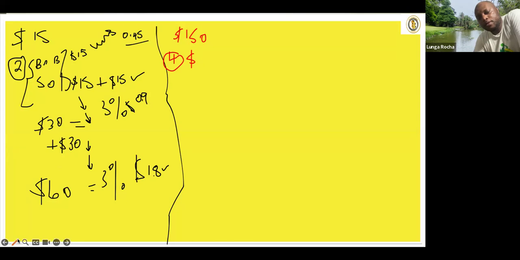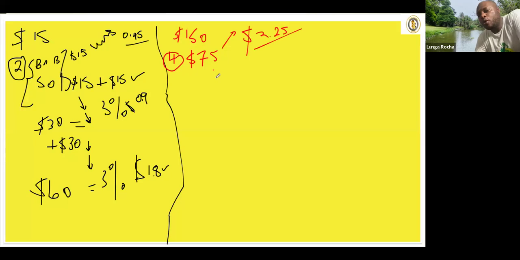If you happen to hit 3% of this as the market rises, you'll enjoy 3% of $75, which is $2.25. This is wonderful.